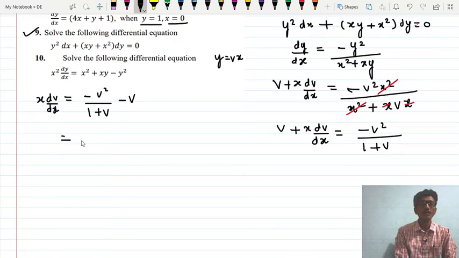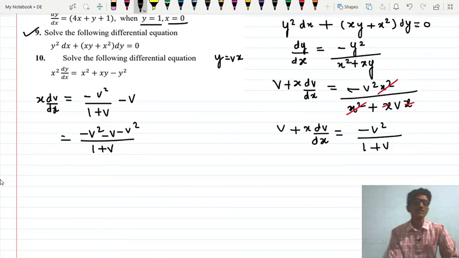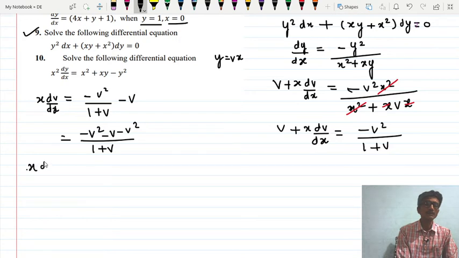Taking the LCM of the denominator, 1 plus v, we get minus v square minus v, which is x dv by dx is equal to minus 2v square minus v, and the denominator is 1 plus v.